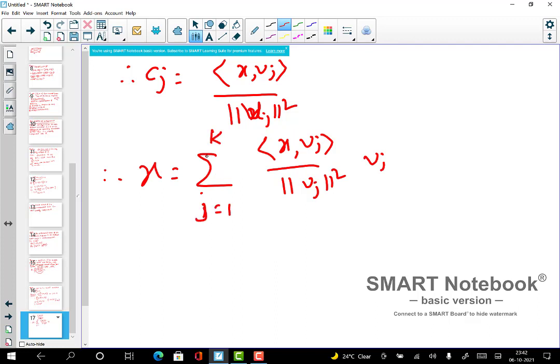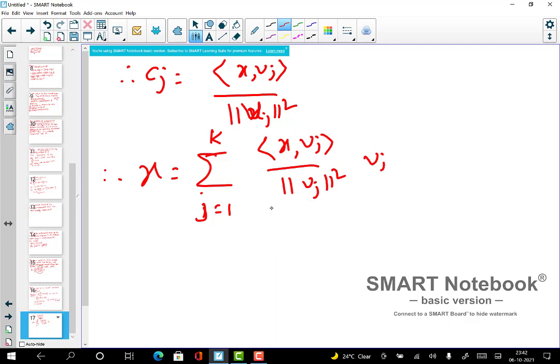This is a dummy sum, a dummy variable; j can go to k or i can go to k, it doesn't matter. So what is the advantage in an inner product space? If you have a vector that is a linear combination of an orthogonal set, then the coefficients of that combination you can easily find out. These are called Fourier coefficients.